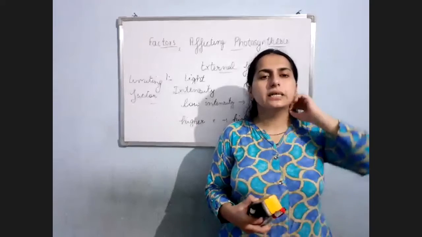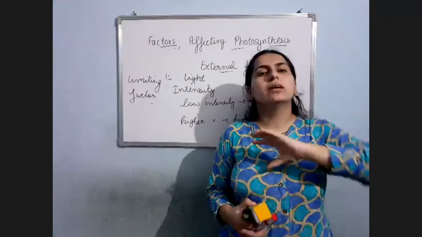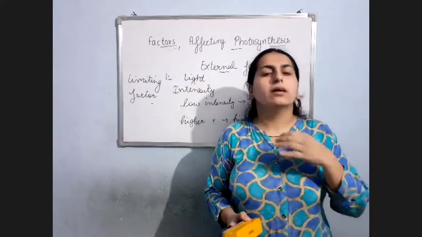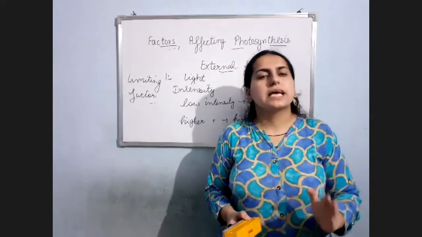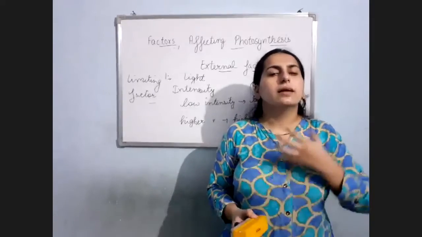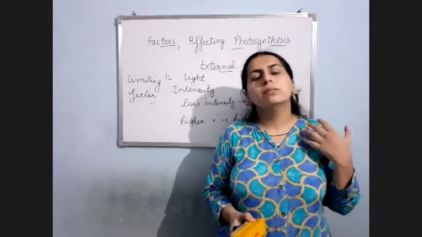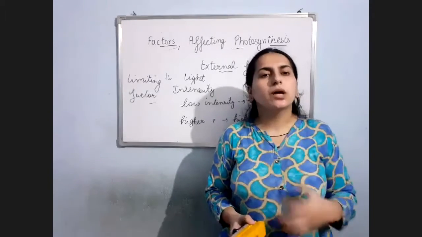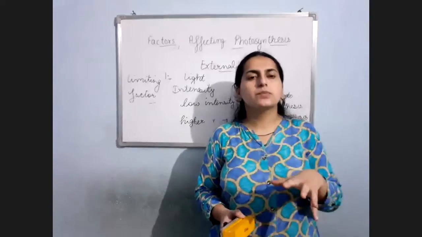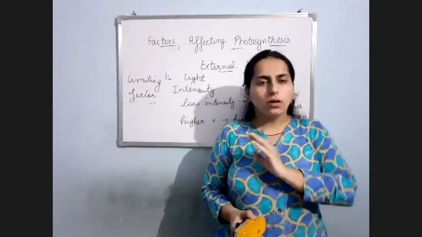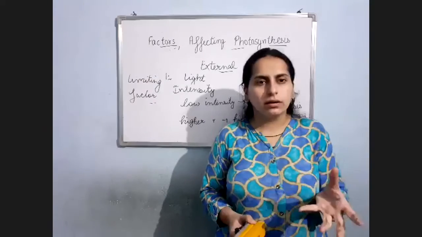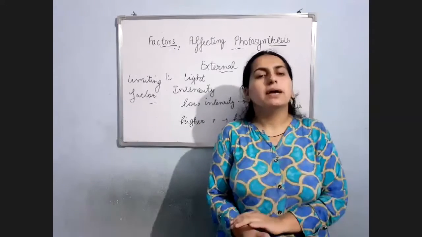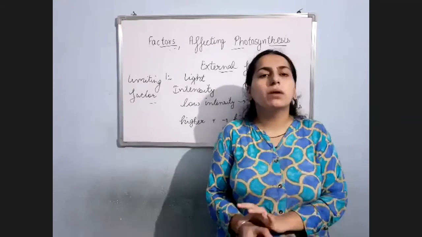Actually, what he said is that if in a reaction many substances are involved, then the rate of the reaction will be determined by the factor which is in minimum quantity. I am saying again, in a reaction when many substances are involved, the rate of the reaction is determined by that substance which is in minimum amount.